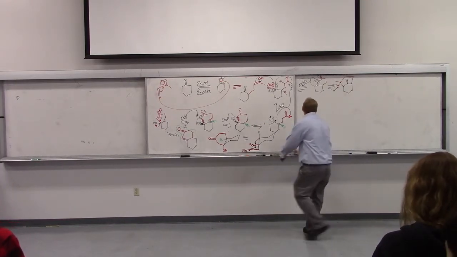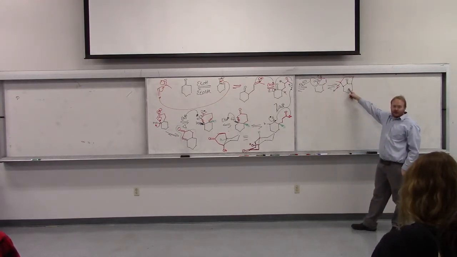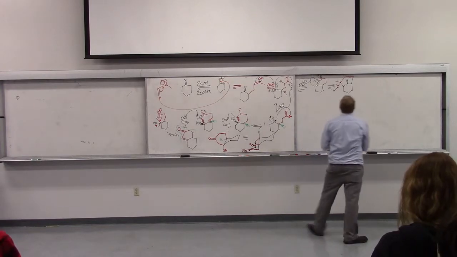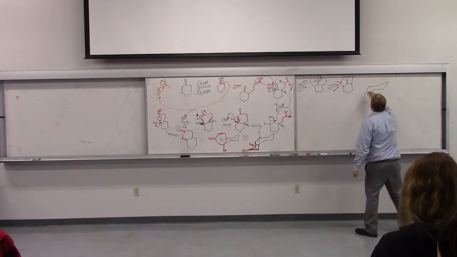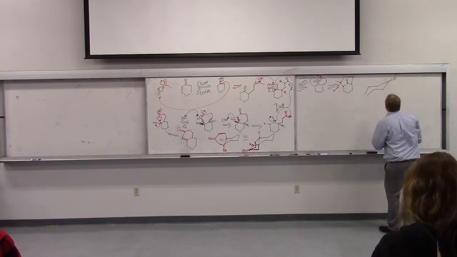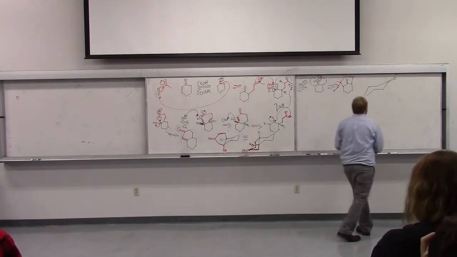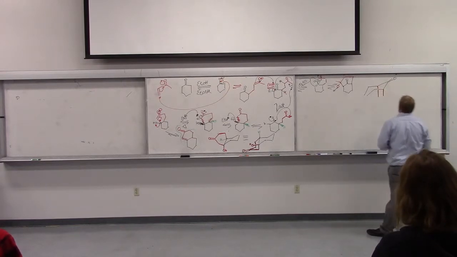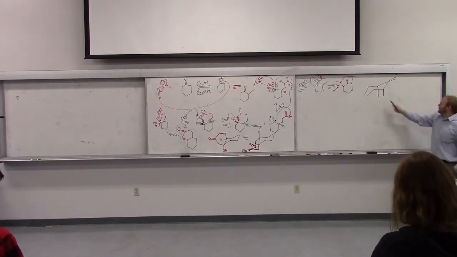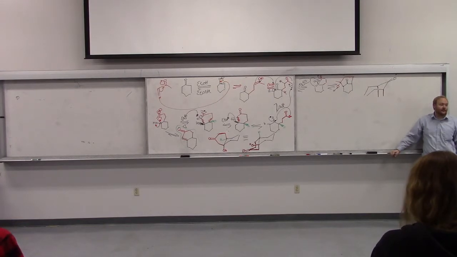For this intermediate, in this case, you can't draw it so both things are in a chair. Or more specifically, both of the substituents of the ring are going to be forced into the axial position, right?